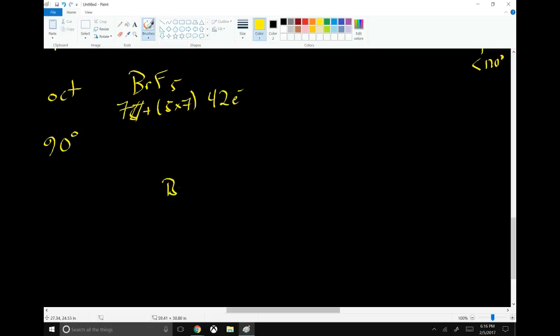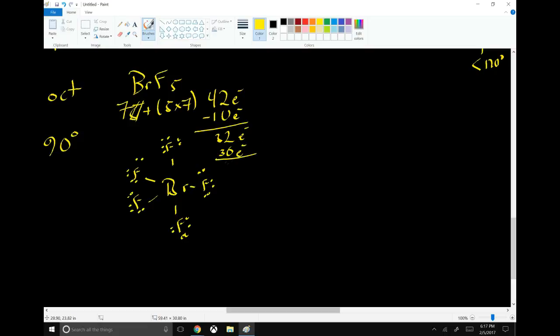Okay, so bromine, 5 fluorines, is 10 electrons for 32. 2, 4, 6, 8, 10, 12, 14, 16, 18, 20, 22, 24, 26, 28, 30. Yep, I did my math correctly this time. Okay, so that leaves us with 2 electrons for a non-bonding pair on bromine.